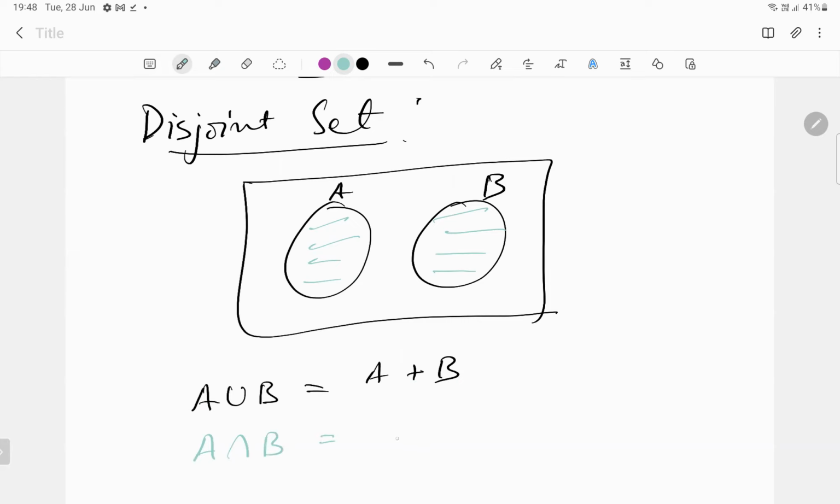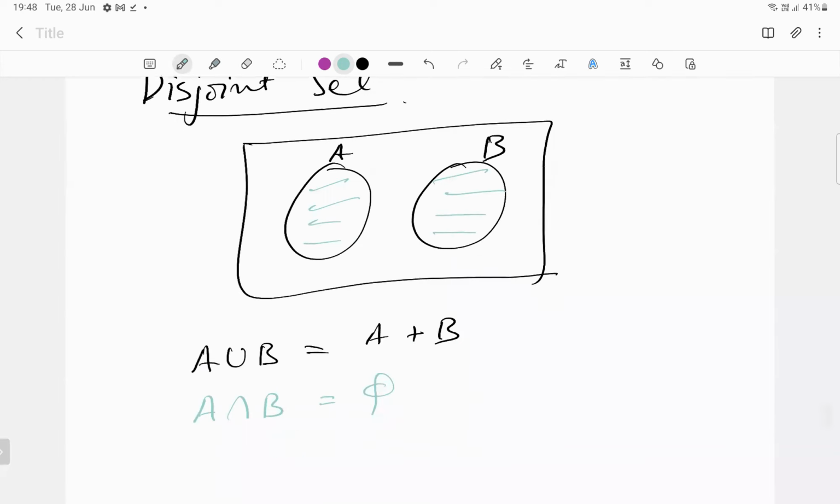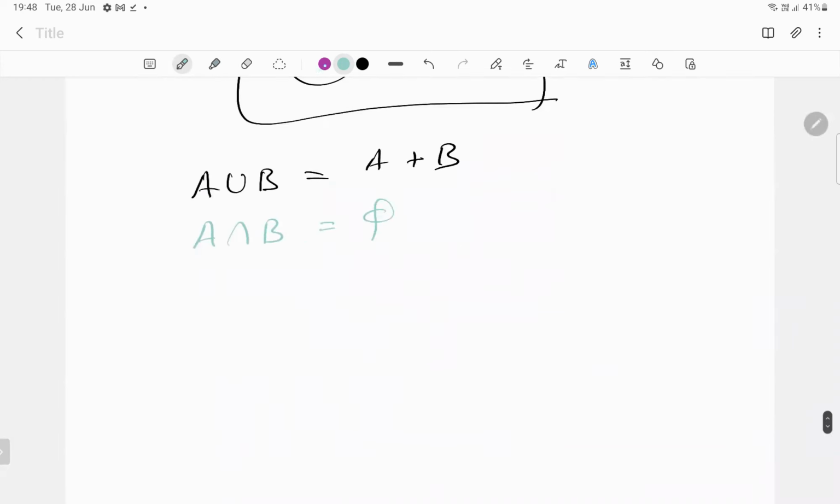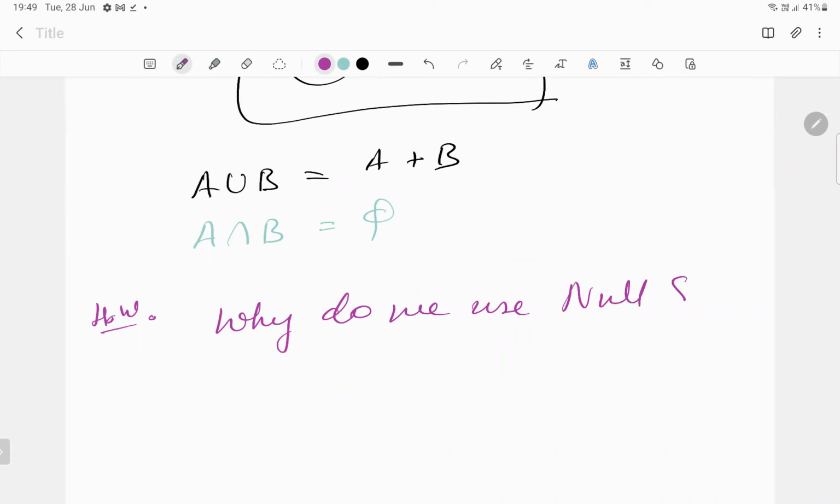Yes, null set. You're getting some ideas about null. That is your homework, by the way. Why do we use null set?